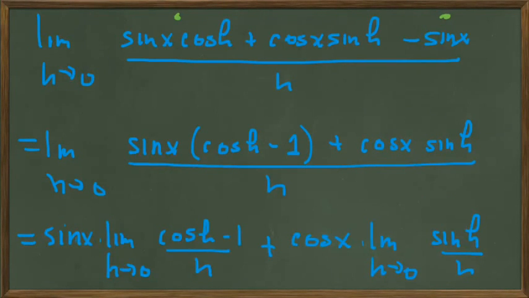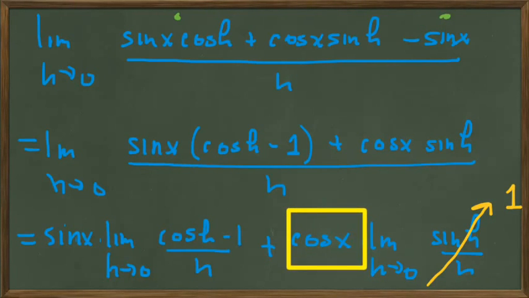So if we split this up into the two different limits, we see that for this right expression, we can use the fact that we just learned that the limit as h goes to 0 of sine h over h is 1, and so that gives us the result that we know that we're looking for, cosine x.